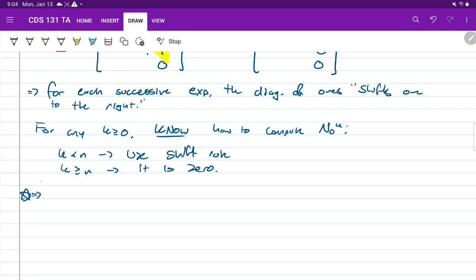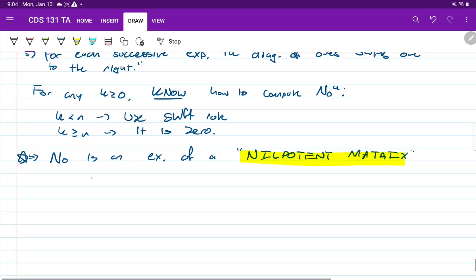And just as a quick side note, n naught is an example of something called a nilpotent matrix. A nilpotent matrix is a matrix n such that n to the k equals 0 for some k greater than 0.